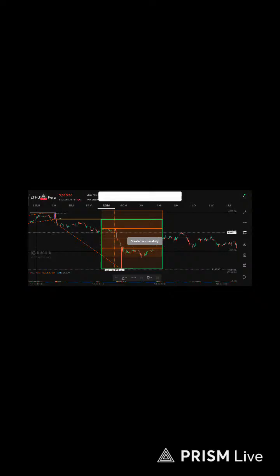That's 4. That's 5. Risk is 1:5 ratio. My RR for this trade is 1:5 ratio.